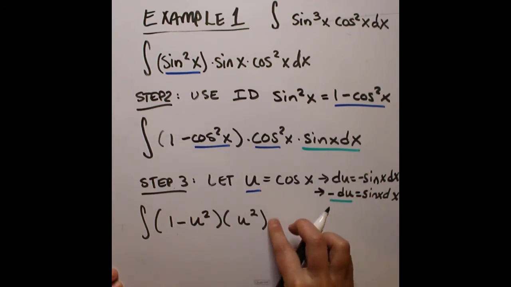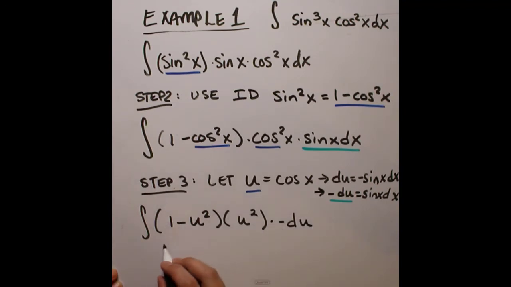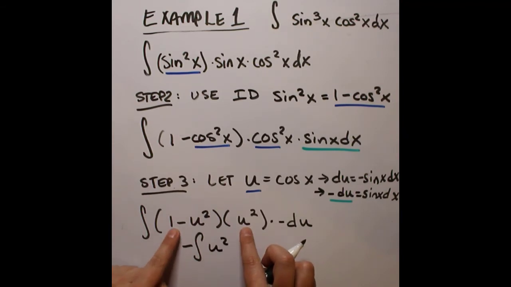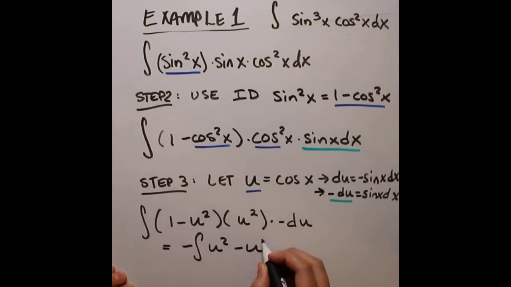So let me make it very clear, it's not minus, this is times negative du. Let's make this look a little better. I'm going to factor out that minus all the way to the front, and I'm going to distribute right here as well. So this is negative of our integral u squared, because I'm distributing, minus u to the 4th du, and this is so much nicer to work with. We can figure this out, no problem.